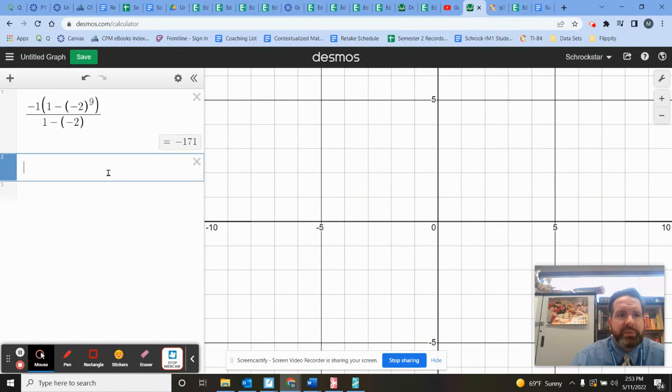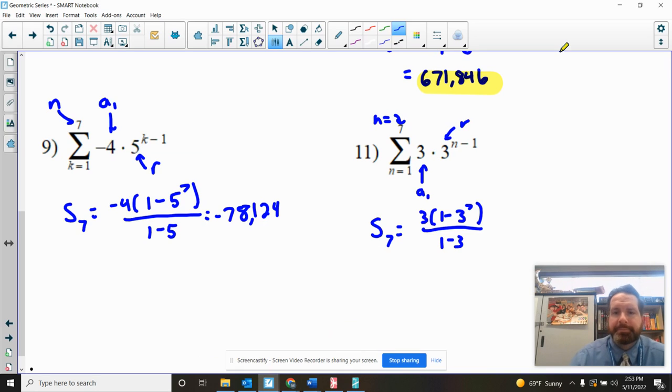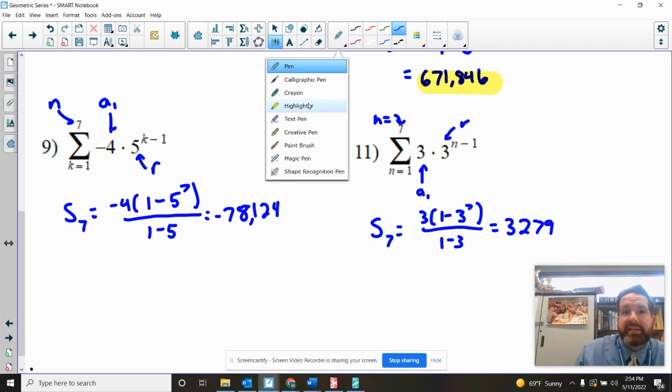Let's do a Desmos for this one again. 3, 1 minus 3 to the 7th over 1 minus 3 ends up being 3,279. And again, I hope it makes a little sense that that got so big. Multiplying by 3 every time. Triple it, and triple that, and triple that. The numbers are going to get very big very fast.